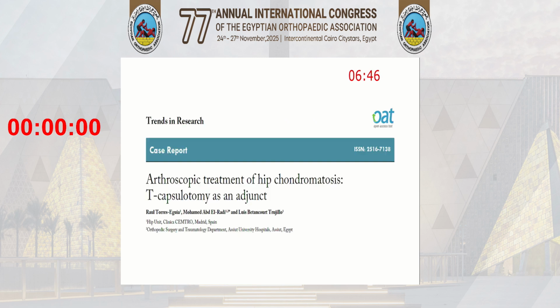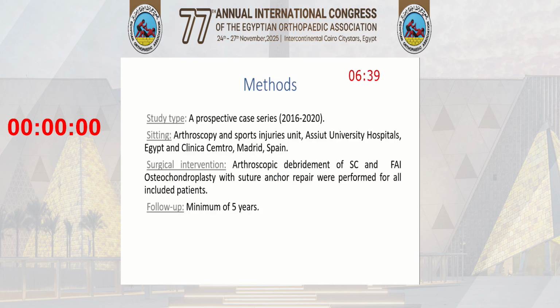So I just highlight our experience with synovial chondromatosis in a prospective case series between 2016 and 2020, set in our arthroscopy and sport injury unit at Asyut University, besides 3 cases from Clínica Centro Madrid, Spain, with arthroscopic debridement for synovial chondromatosis.